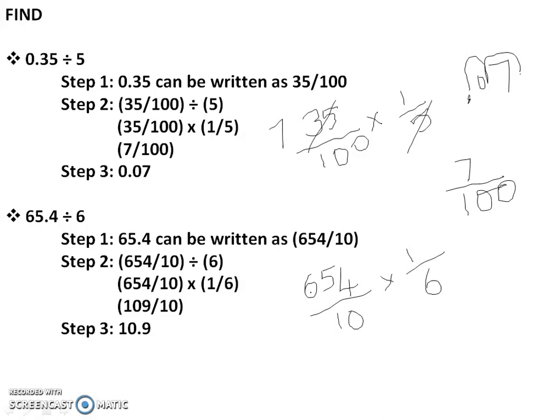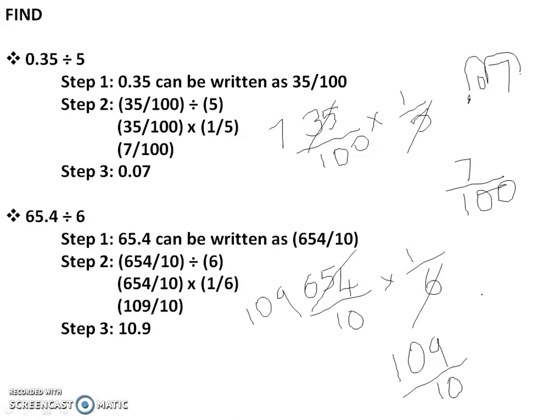Here you can see 654 can be divided by 6. 6 into 109 is 654. So what will you get at last? You will get 109 by 10.